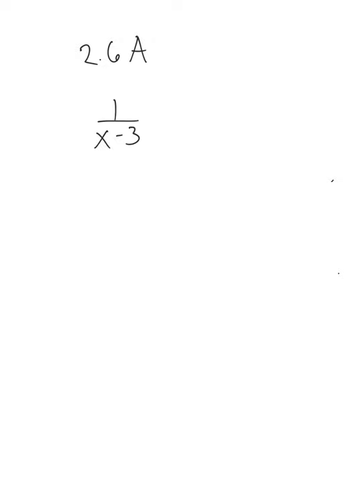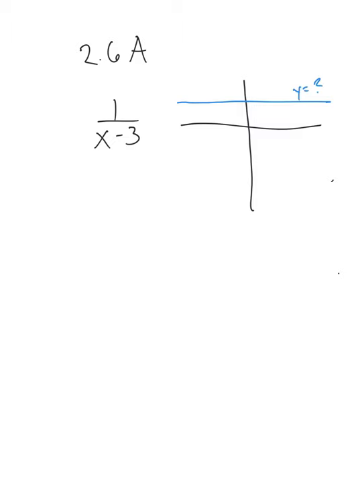Okay, so to find your horizontal asymptote. An asymptote is just a fancy way of saying this is a line that your function cannot cross, can't touch. So a horizontal asymptote is a straight line, so it's going to be y equals something.